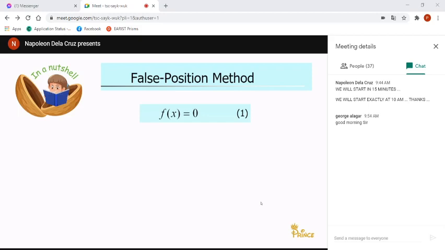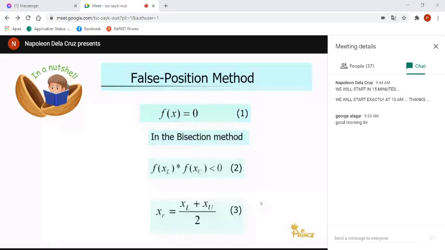You equate the equation to 0. In the bisection method, the product of f(xl) and f(xu) should be less than 0, and the assumed root will be (xl plus xu) divided by 2.